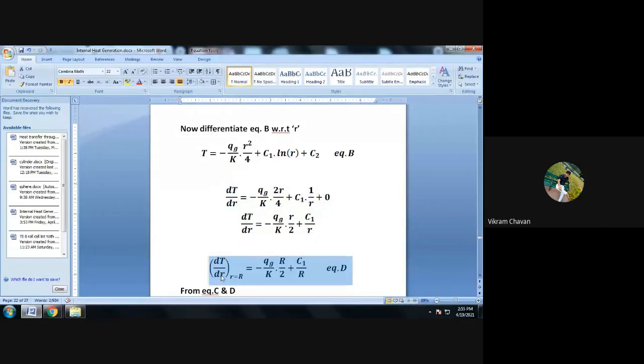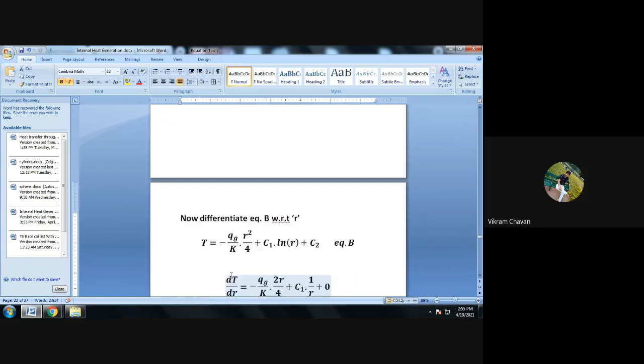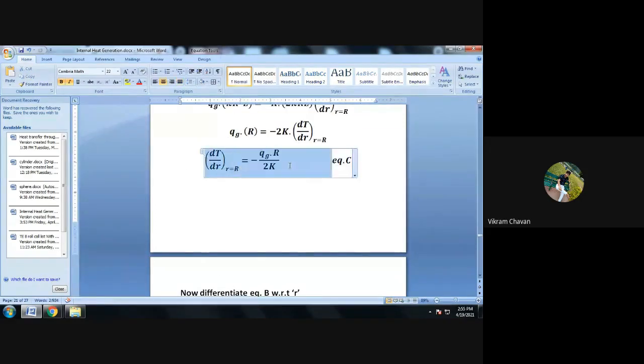Now we once again derive the equation for differentiation of T with respect to r when r is equal to capital R. Also, from equation number C, we get differentiation of T with respect to r when r is equal to small r.